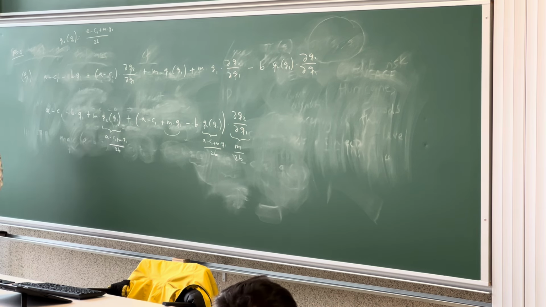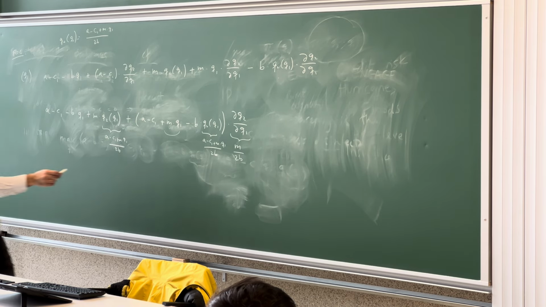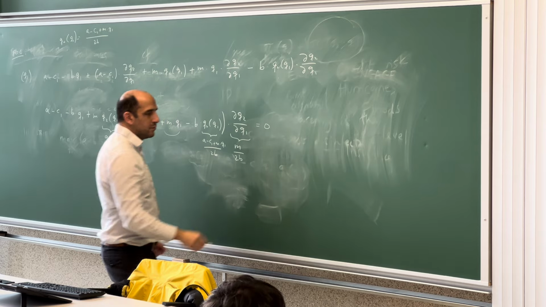So that's just let a minus c1 stay on one side, and then you pass everything to the other side because we're missing an equal 0, right? And then you take common factor of q1 and then you pass it all over.